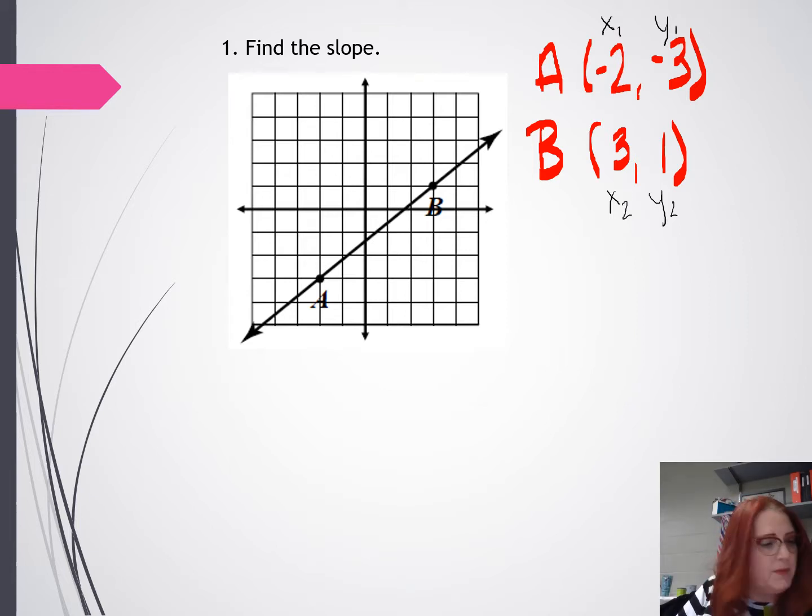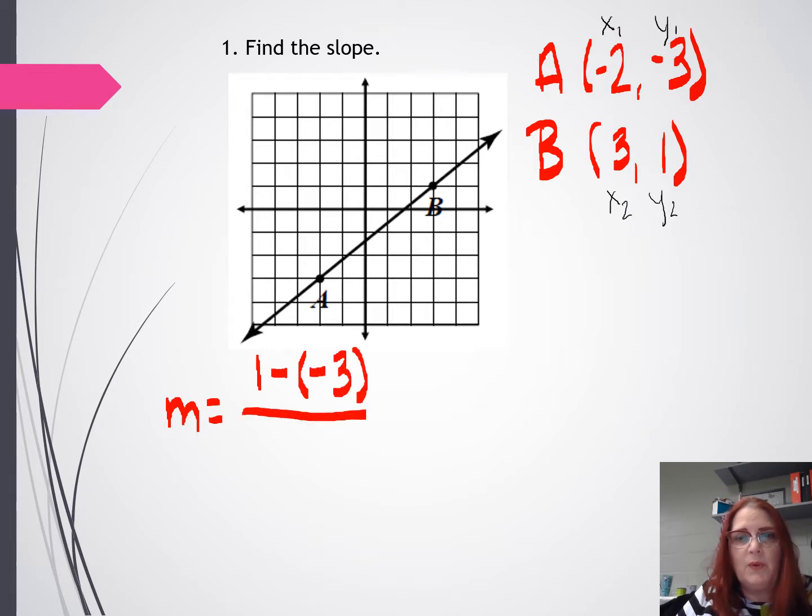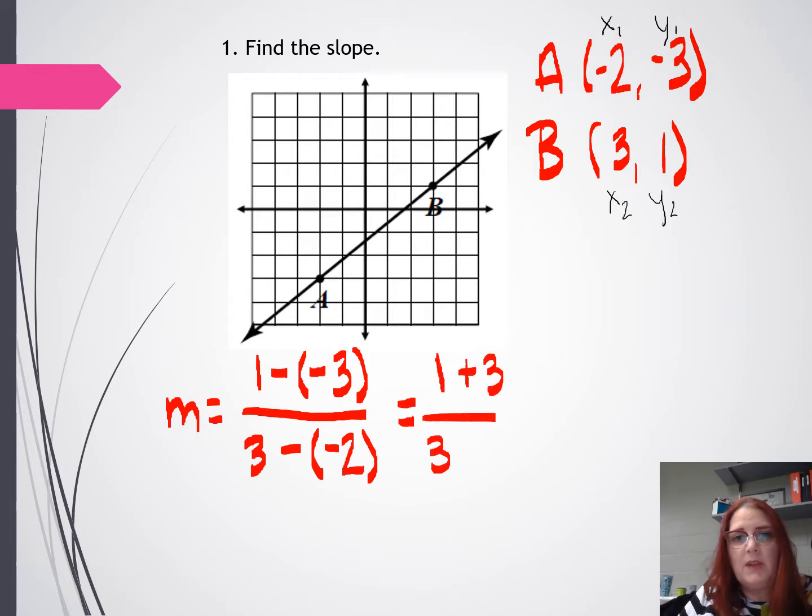So the slope is equal to y2 minus y1 over x2 minus x1. When you're subtracting a negative, that's like adding a positive. So it's 1 plus 3 over 3 plus 2. So my slope is 4 over 5.